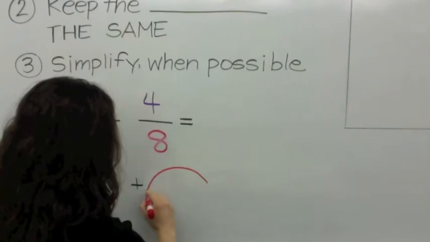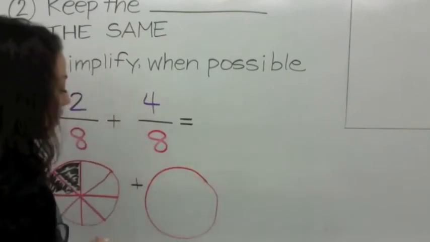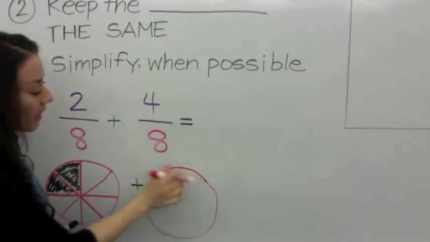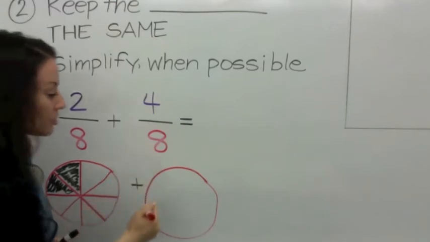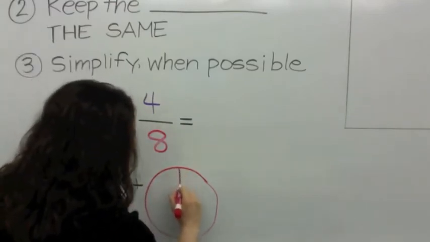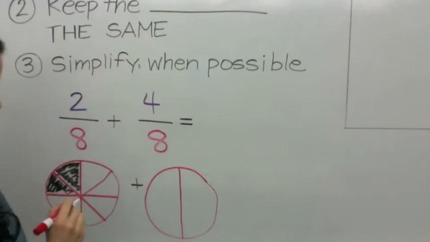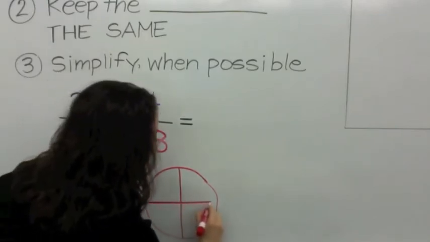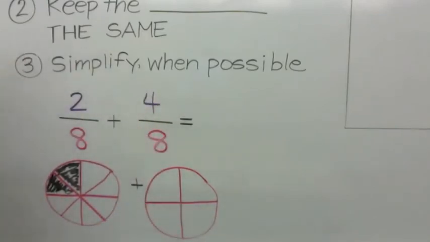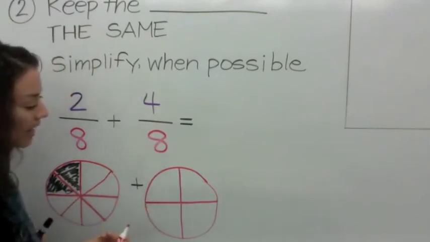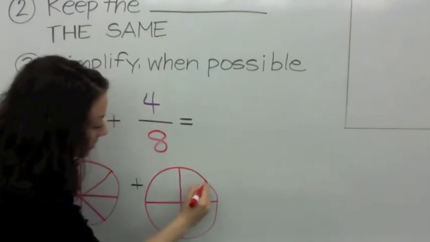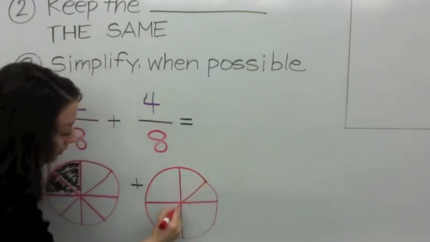So let's go ahead and draw another pizza. Cut it into how many parts? How many pieces is it cut into? It's cut into 8. So let's practice again. Let's cut it in half. That's halves. That's fourths. See? Now let's cut it into eighths. The way you do that is by making some diagonal cuts right here in the middle.